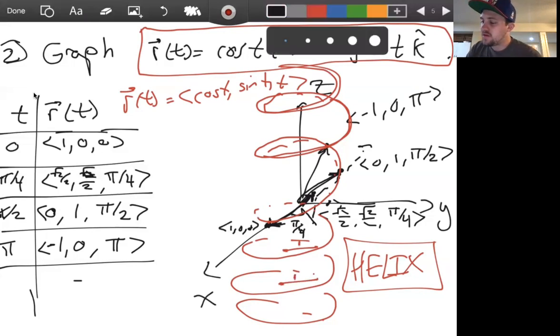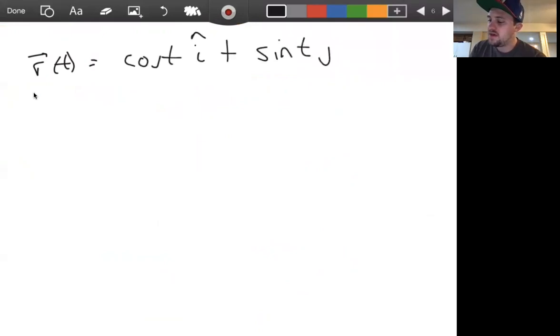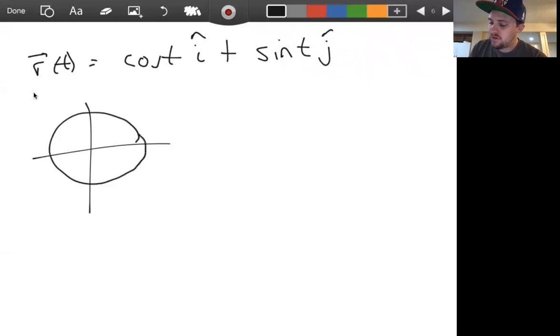And what's one way we can think about the helix in particular? If you look at the 2-dimensional vector valued function cosine of t i hat plus sine of t j hat, this is a circle of radius 1, right?